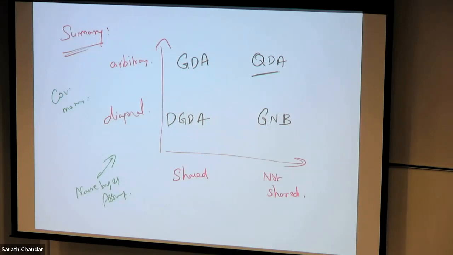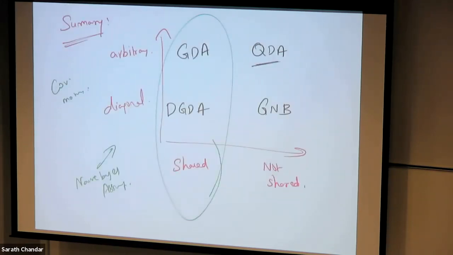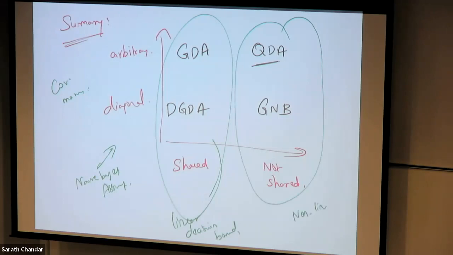Depending on whether the covariance matrix is shared or not, you're going to have two classes of algorithms. This is the first class where the covariance matrix is shared, which means you're going to get a linear decision boundary. And this is the second class of algorithms where you don't share the covariance matrix, so you get a nonlinear decision boundary.